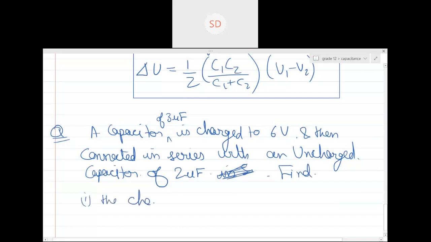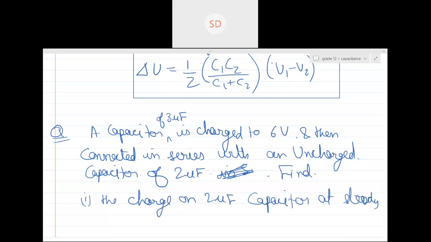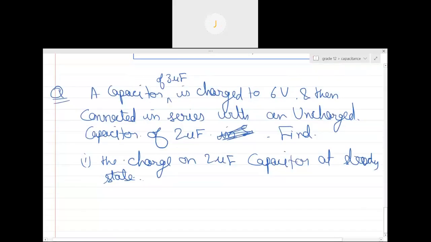The charge on the 2 microfarad capacitor at steady state. Please remember, whenever I talk about steady state, that implies what?